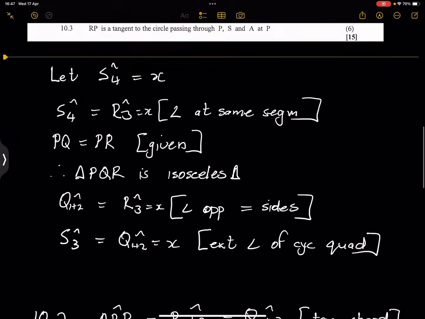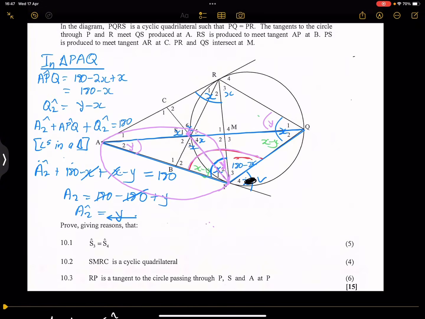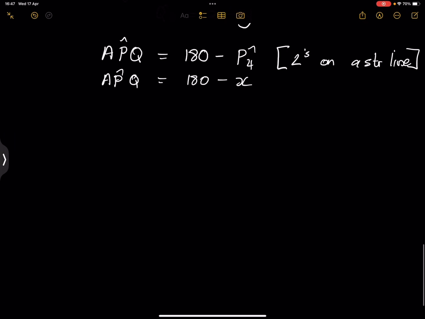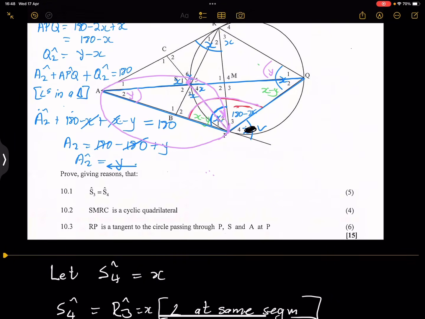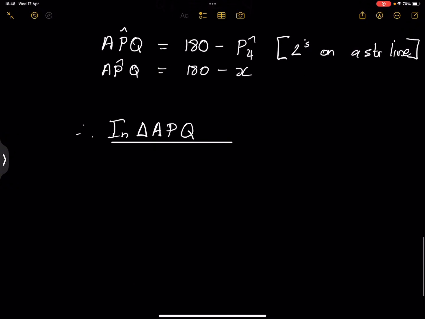So now we know that angle P2 is equal to y. Now let's go into triangle APQ. We note that A2 plus angle APQ plus Q2 is equal to 180.